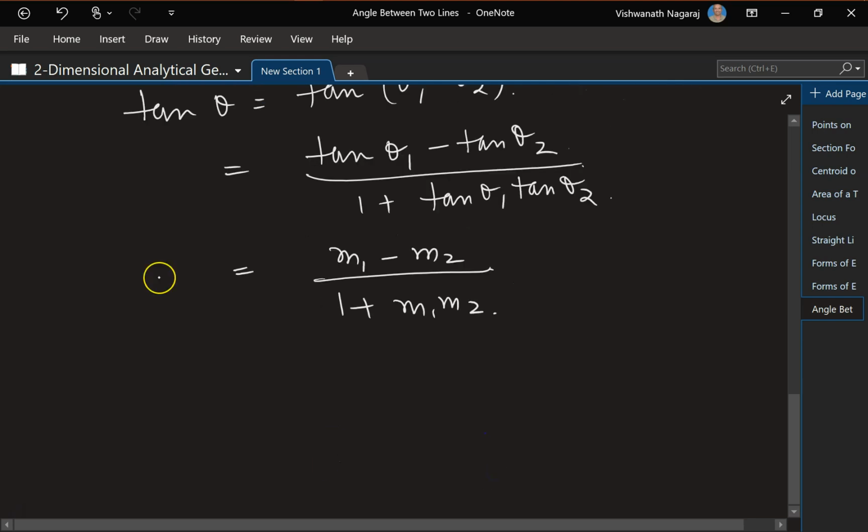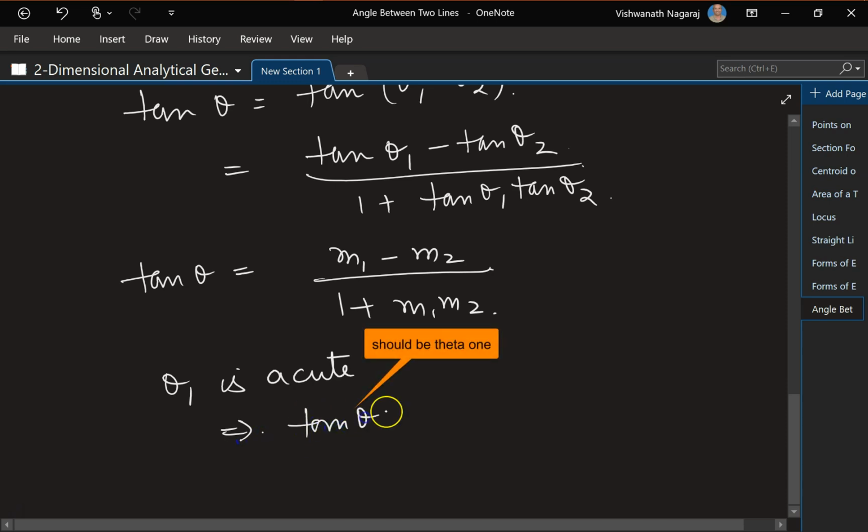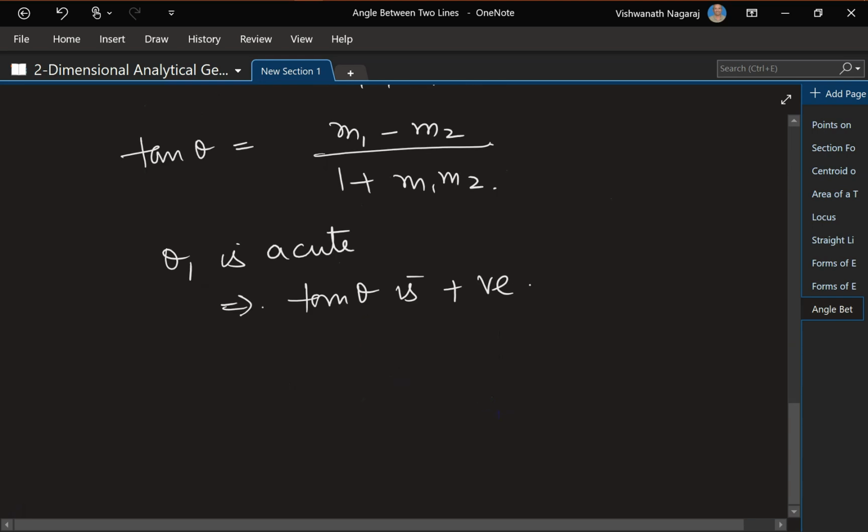So this is tan theta. Theta 1 is let's say acute, which implies tan theta is positive. Acute means less than 90 degrees, so sine and cos are both positive.